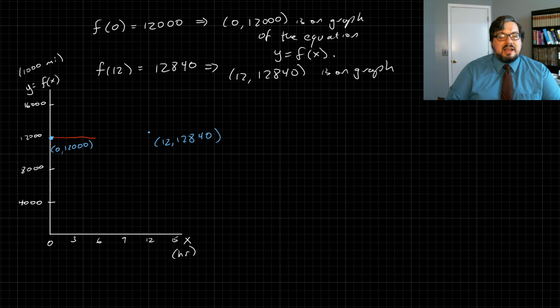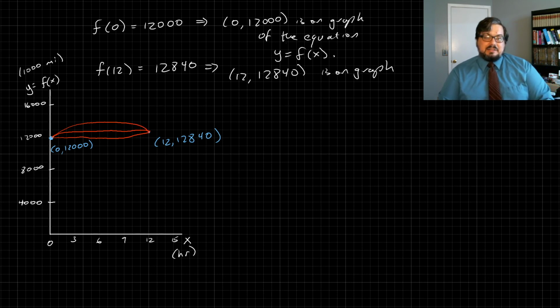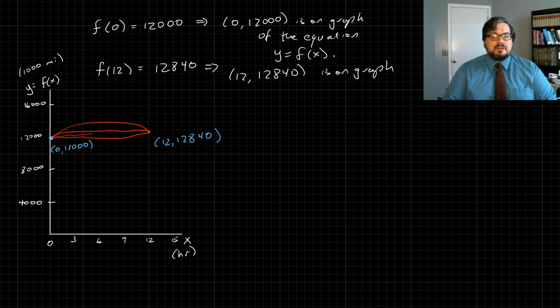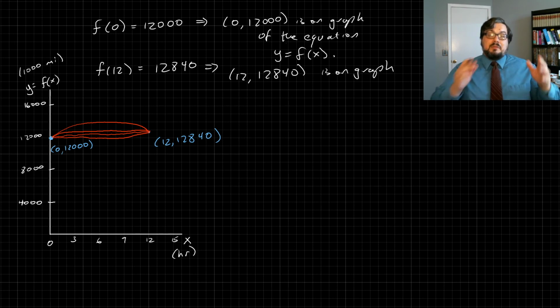It could be that I hardly moved at all for a while, and then went to the end. I could have done a whole lot of movement at the beginning and then come up. I could have done something really weird where I somehow run my odometer backwards and get to the end point. There's a whole lot of different ways that I could have gotten from point A to point B, from the start to the end of my trip.